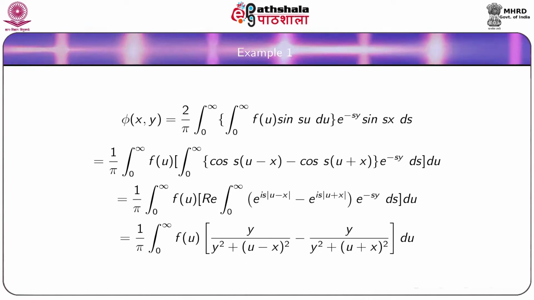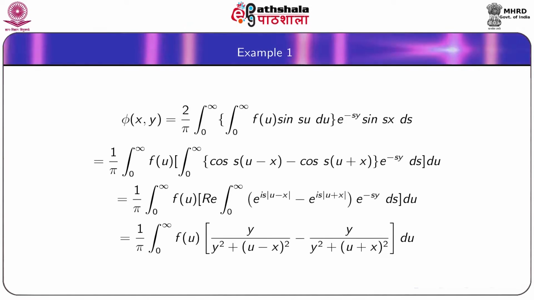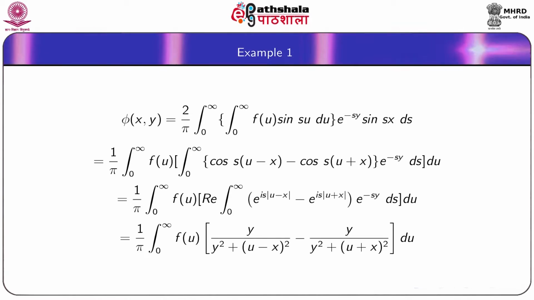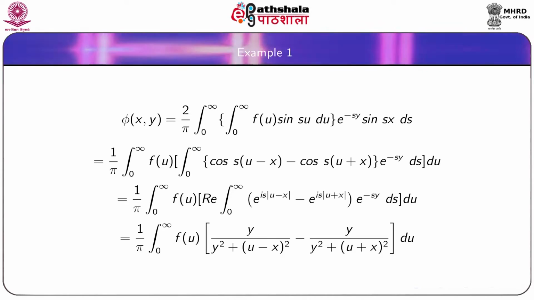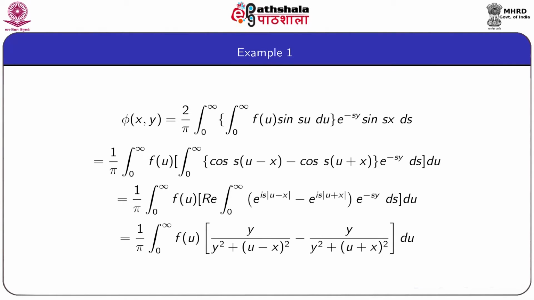Here we interchange the order of integration, so that the u integral becomes the outer integral and the s integral becomes the inner integral, and also we use the formula for sine su sine sx.